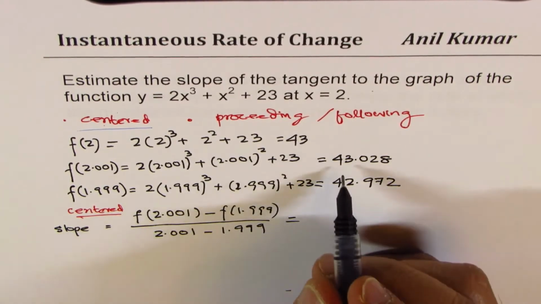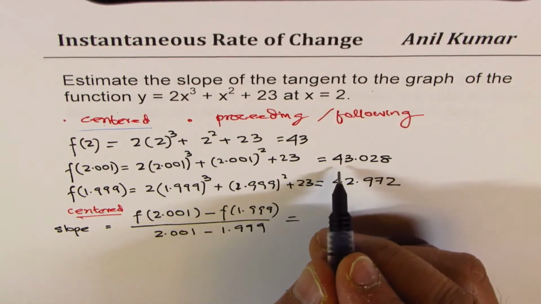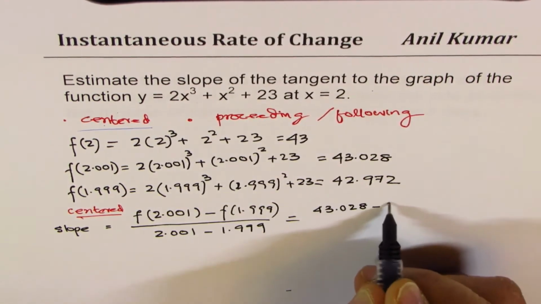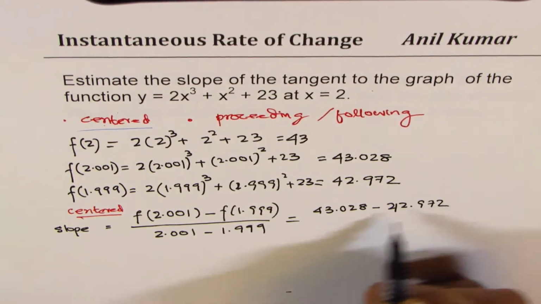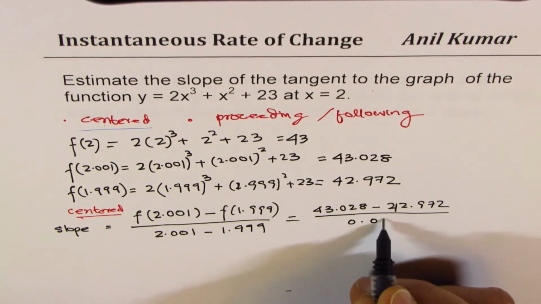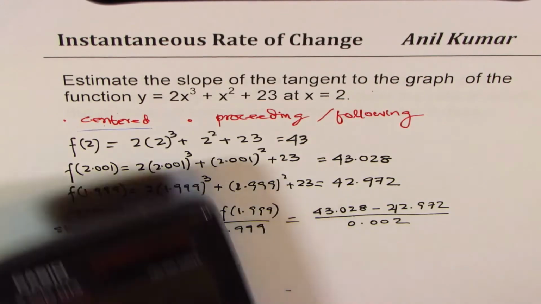We already have these 2 values here. So the f value at 2.001 is 43.028. Take away 42.972, divided by 0.002, correct?